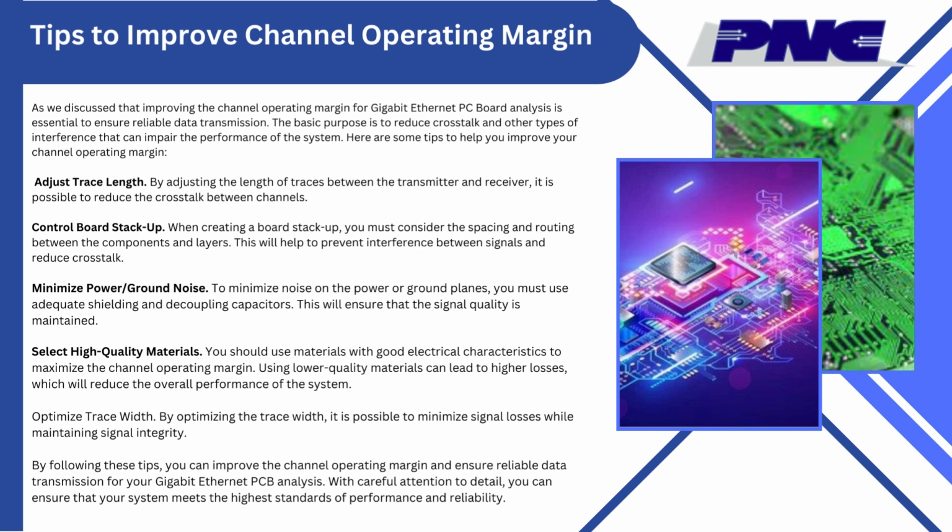By optimizing the trace width, it is possible to minimize signal losses while maintaining signal integrity. By following these tips, you can improve the channel operating margin and ensure reliable data transmission for your Gigabit Ethernet PCB analysis. With careful attention to detail, you can ensure that your system meets the highest standards of performance and reliability.